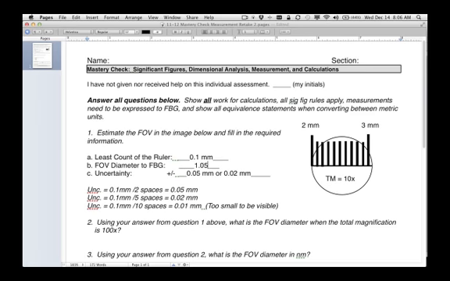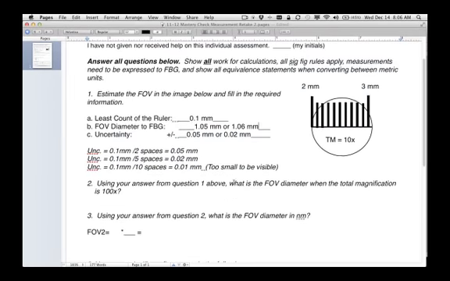So 1.05 I think is the better measurement. If we were using our uncertainty of 0.02 millimeters, then we could probably see 1, 2, 3, so it'd probably be 1.06 millimeters. Notice how this agrees with this uncertainty and this agrees with this uncertainty. Okay, so number 1 is done.